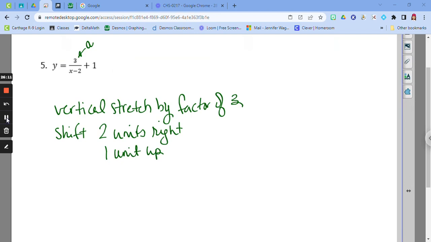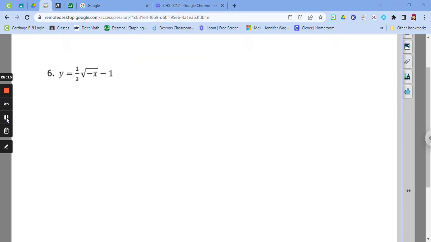How are we doing? So far, so good? All right, 3 things going on here. We have a vertical shrink by factor of 3.